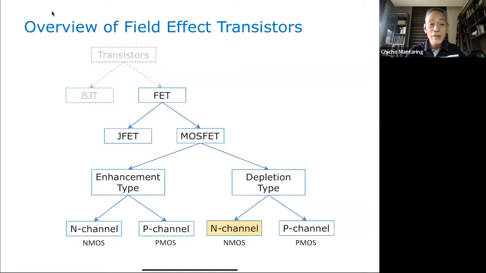In EEE 131, you're going to take up the enhancement type, and you're also going to do more work with the P-channel. But here in 123, this is just a taste for you about MOSFETs, mostly N-channel NMOS transistors.